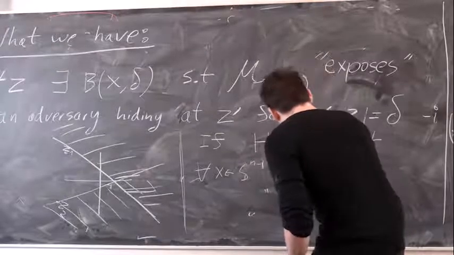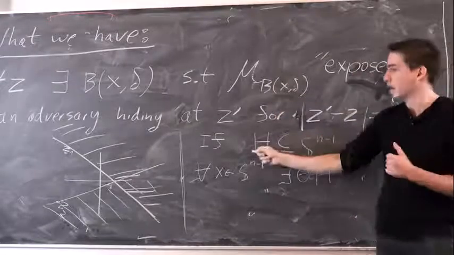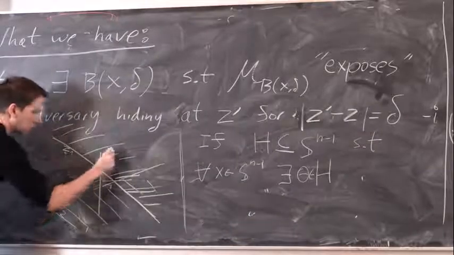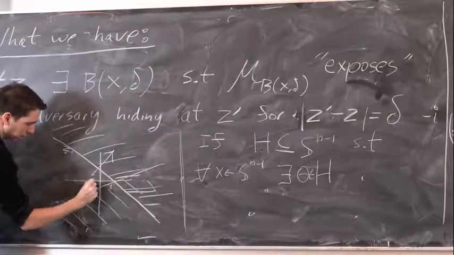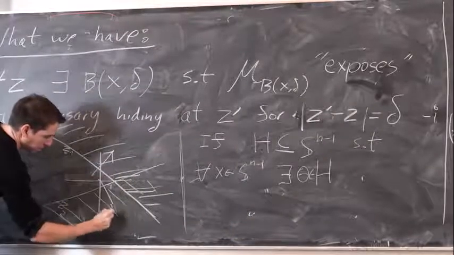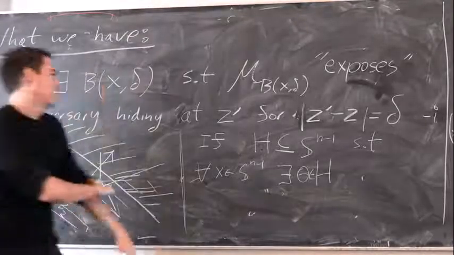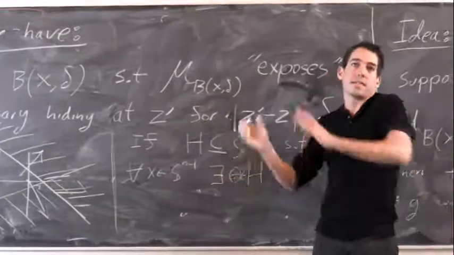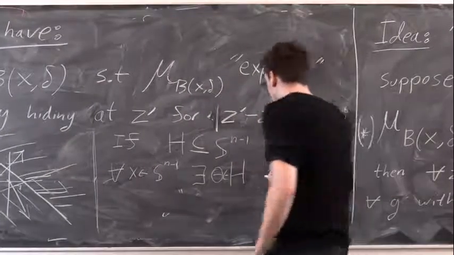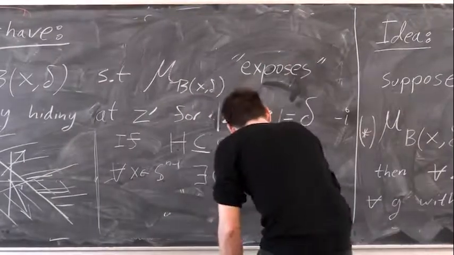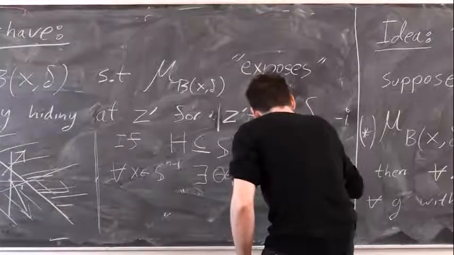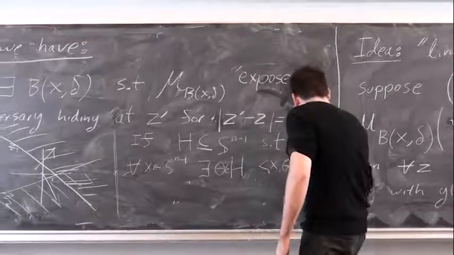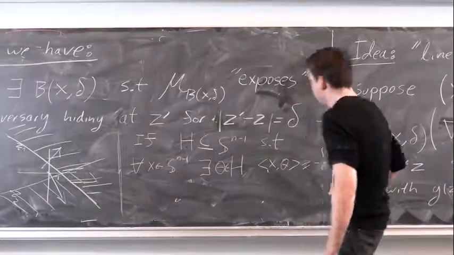So think about H as the subset of all such directions where I can expose, I mean, all the directions of these half spaces. Suppose that I know that for every x there is some direction which almost exposes it, meaning that x dot theta is almost positive, so it's bigger or equal to minus delta.